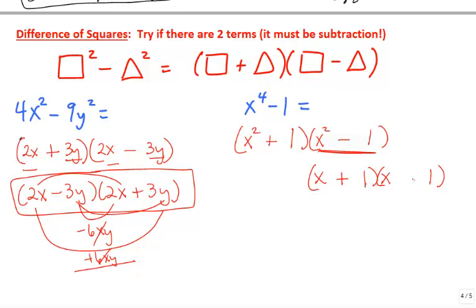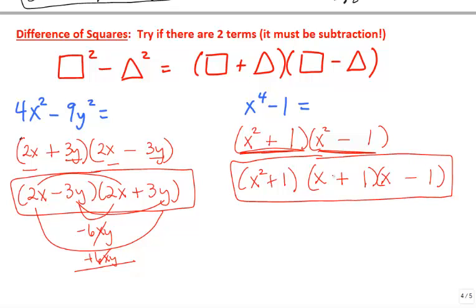Make one of these plus and one of these minus so that we don't get any middle term. And so x squared minus 1 factors into x plus 1 and x minus 1. For your final answer, don't forget to bring this guy down. It's still there. So your final answer in this problem should actually have 3 factors.